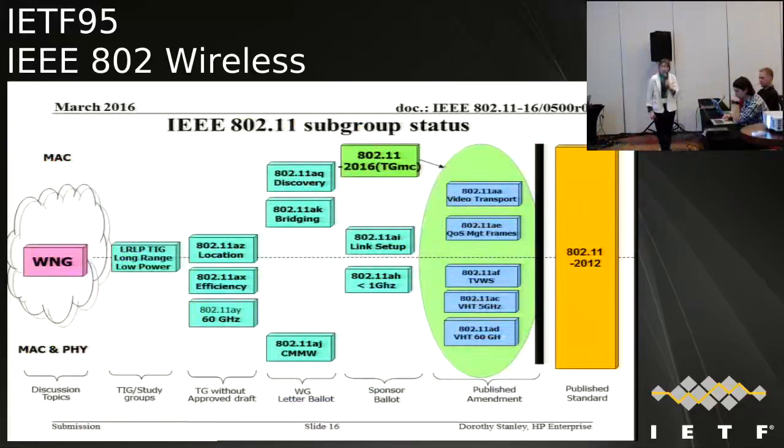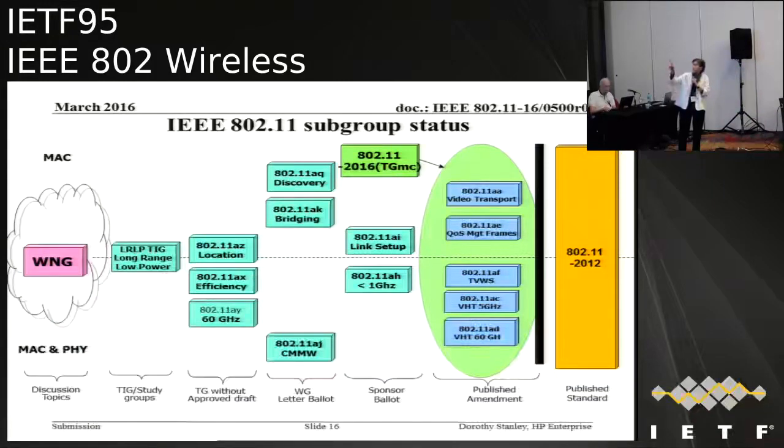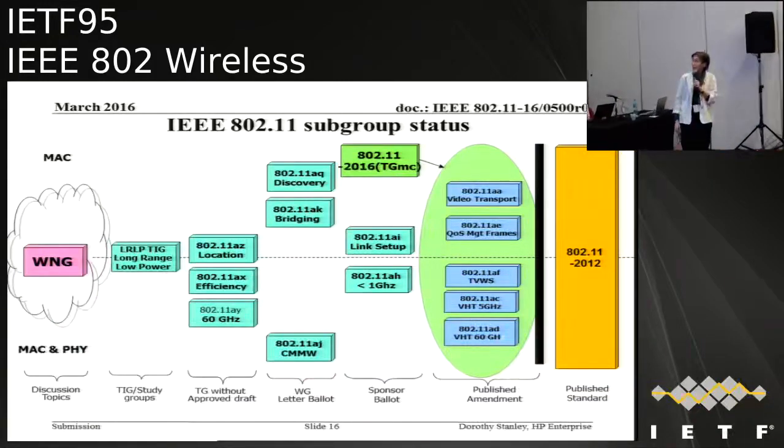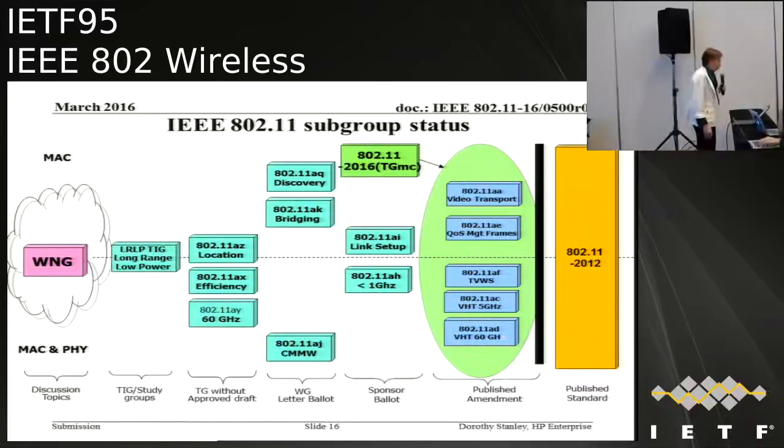Then we have a sponsor ballot phase, and we have three groups there, TGMC, TGAI, and TGAH, which are nearing completion. And then TGMC, you see the arrow that points to the published amendments that are being rolled in to produce the one large document. And then we're targeting that the published amendment will come out in 2016, but it's not out there yet, just to make that clear.